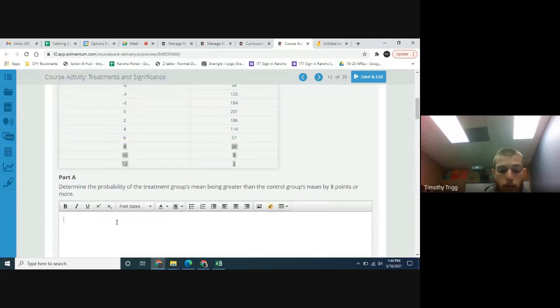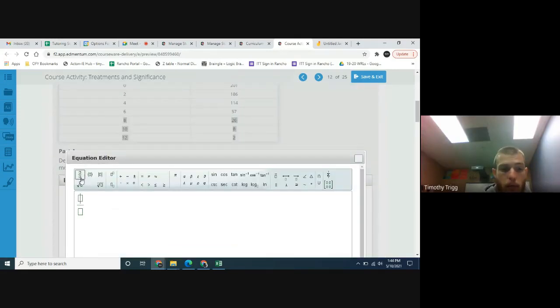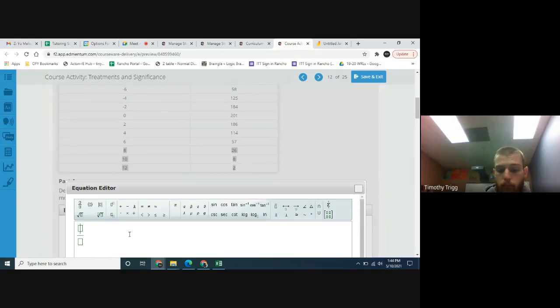I'm going to use the equation editor here, and we're going to write it as a fraction. For 8 pounds difference, that happened 26 times in the randomizations, plus 10 pounds difference, that happened 8 times, plus 12 pounds difference, that happened 2 times out of 1,000 different re-randomizations.